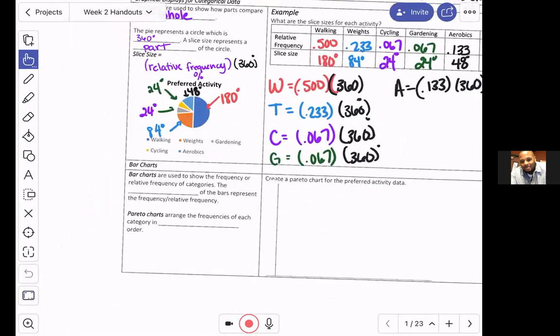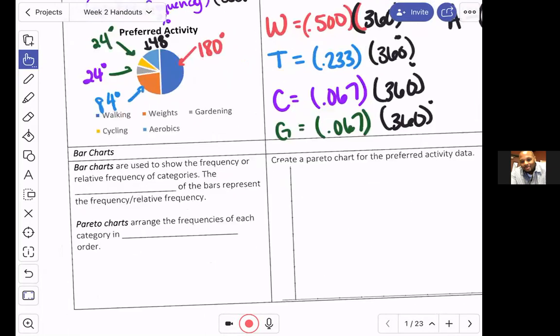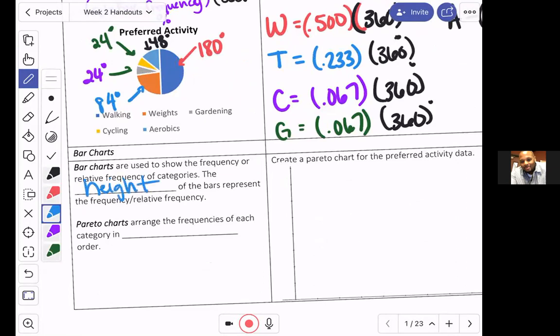Bar charts are used to show the frequency or the relative frequency of categories. The height of the bars represents the frequency or relative frequency, whichever one you're talking about. All right. And because this is a business class, we're going to focus on what we call a Pareto chart.